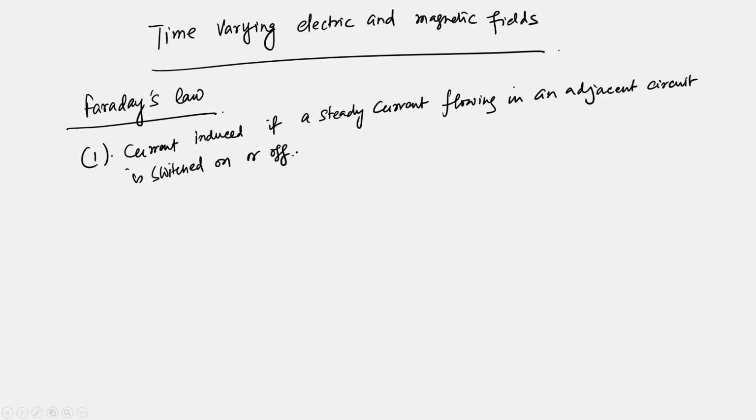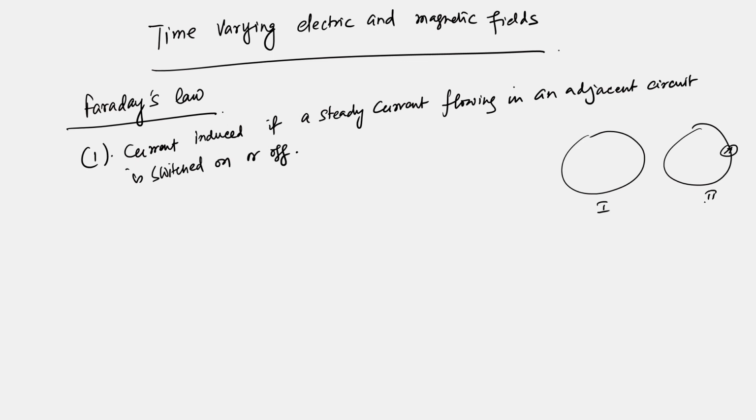So, what it means is that suppose you have one circuit here and then maybe another circuit here. This was carrying a current and this current was suddenly switched off, and then there will be a transient current in the first loop.